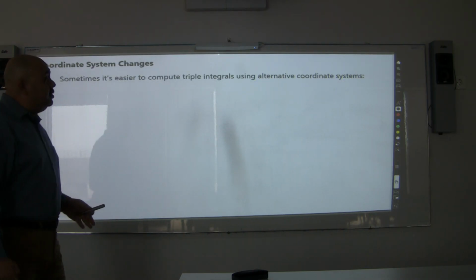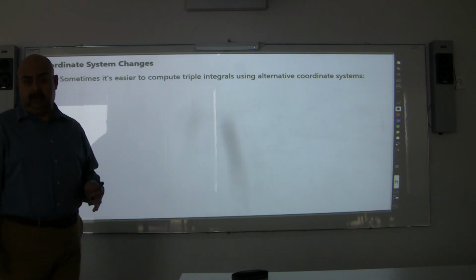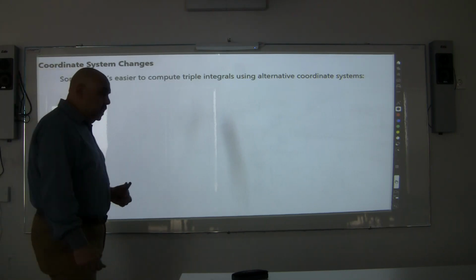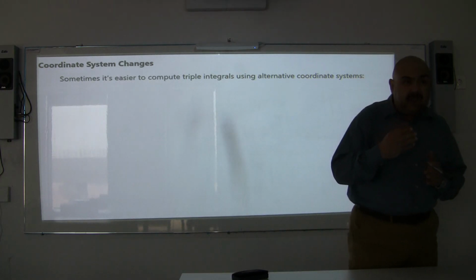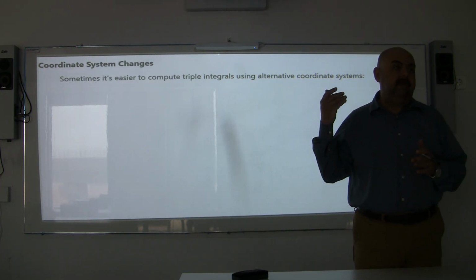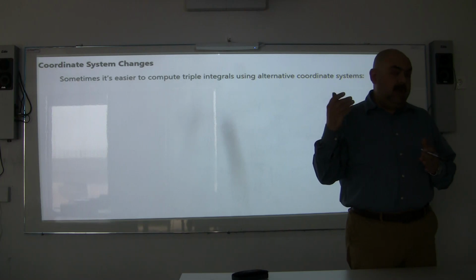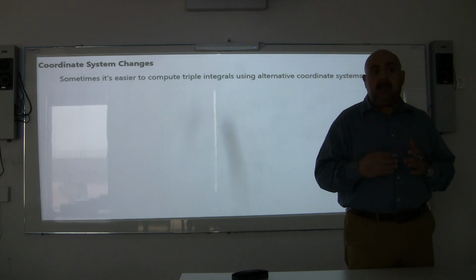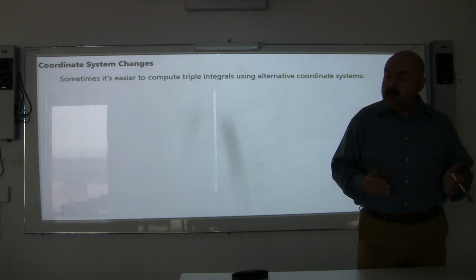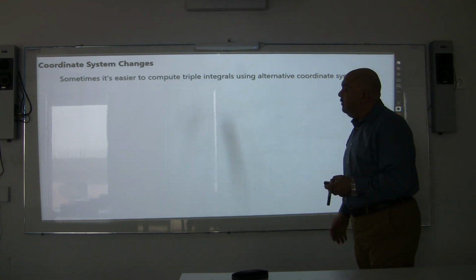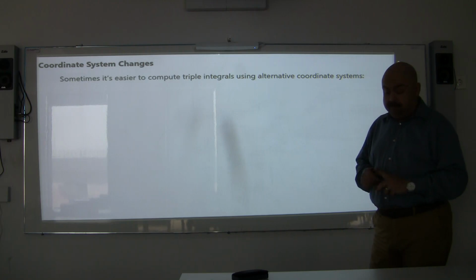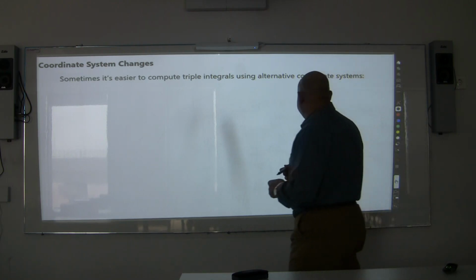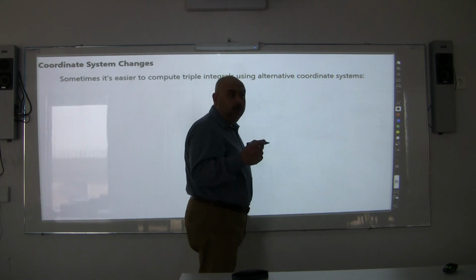The coordinate system changes. This is very important because in double integration, we can make some substitutions by getting the Jacobians, as we saw in the previous lecture, and then we can make any substitution the way we like. But here you have two famous substitutions. Of course, in the double integration, we have the famous polar substitution.